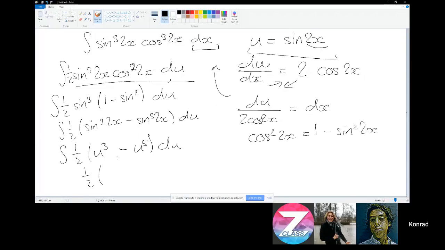You up the power by 1, you get u to the power of 4. And then divide by the new power, so divide by 4. And what's the other one going to be? u to the power of 6 over 6. Nice. And there we go.